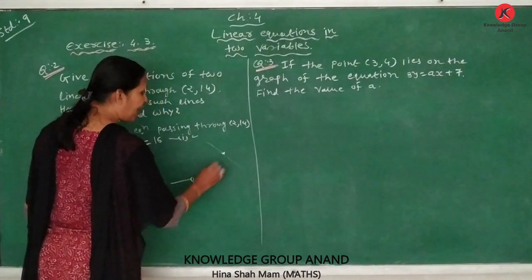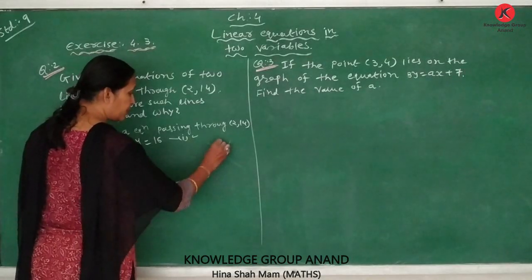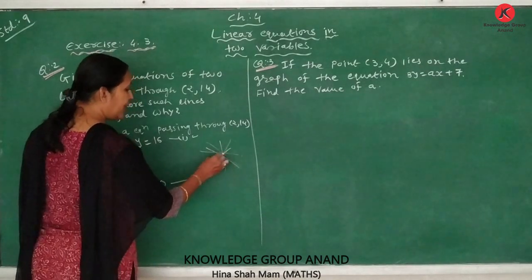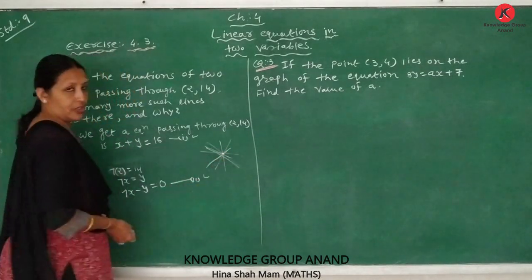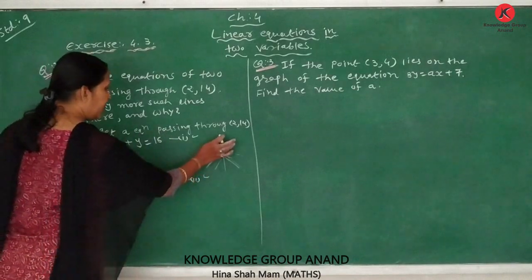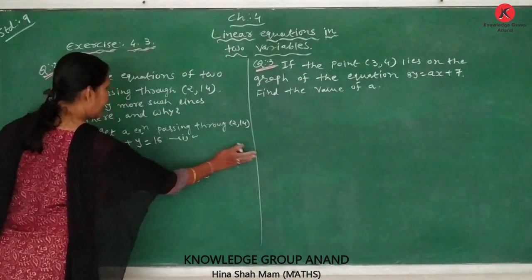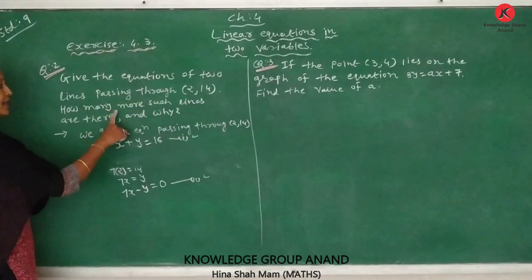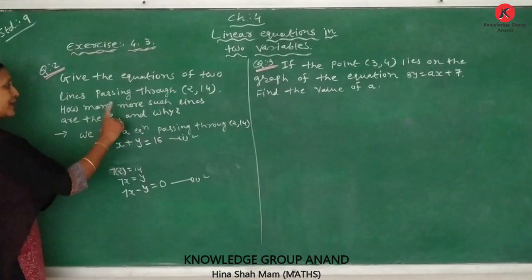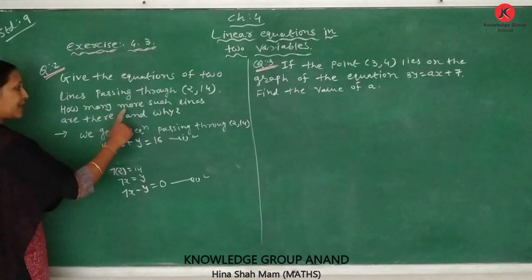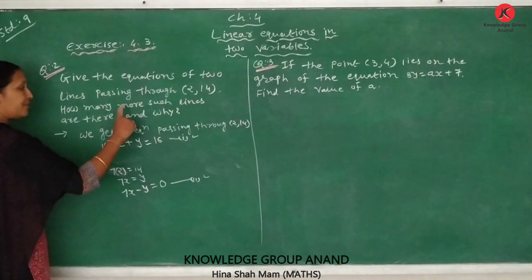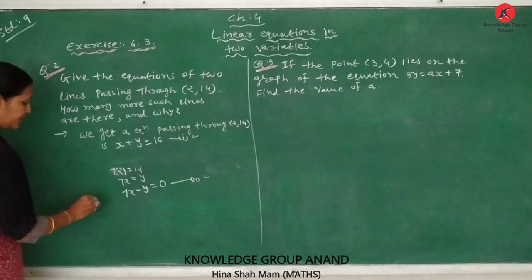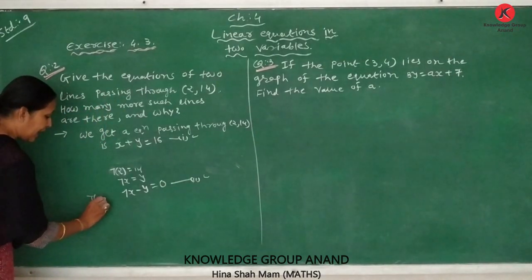How many lines pass through this point? 1, 2, 3, 4, 5, 6, infinite lines pass through it. Therefore, how many more such lines? Infinite such lines, there are infinite lines passing through (2, 14).